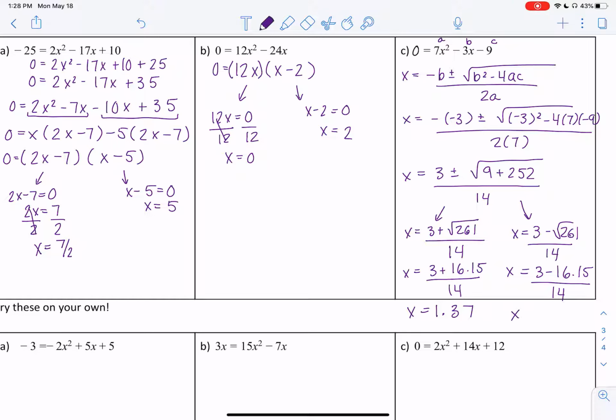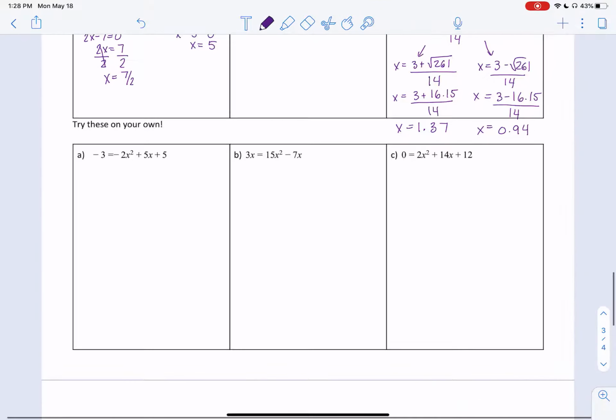If you rounded slightly different than me, you might find you have a little bit of rounding error, but that's okay. And the other is 0.94. So those are really our options for solving. There's a few below for you to try and to see how it goes.